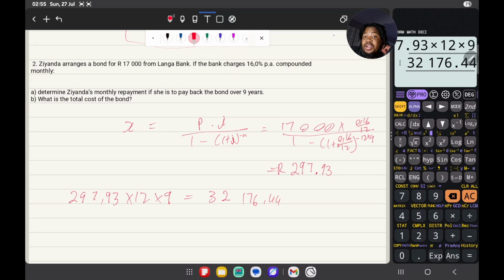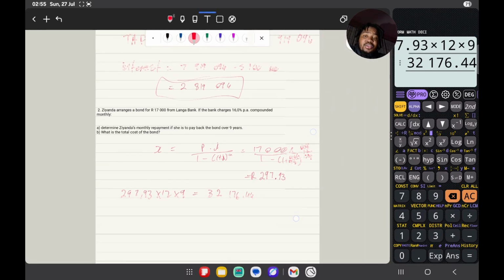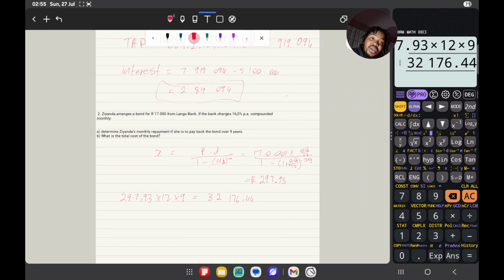And if we ask the same question we asked last time, what's the interest, you will say this amount minus the loan amount, which you will realize is about 15,000. So she paid 15,000 extra, right? Cool.